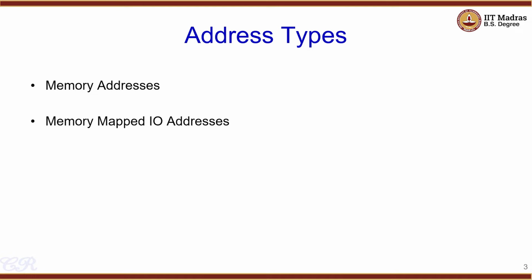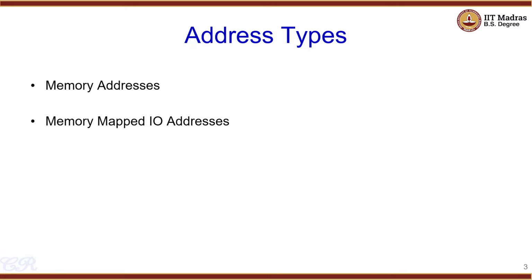These are memory addresses that are present in the RAM or the read-only memories, like the flash memory. But there are also another form of addresses which are used to communicate with the I/O, with the peripheral modules like the UART, the display controller, and so on. So such addresses are called memory mapped I/O addresses.